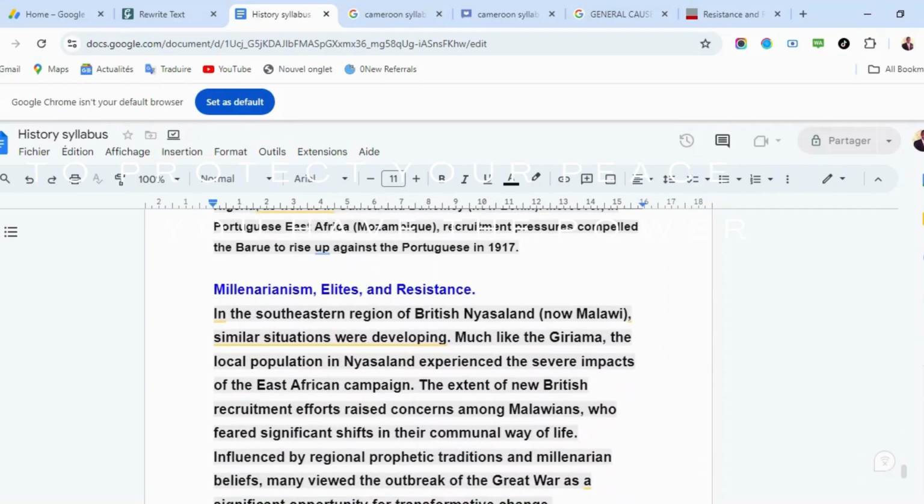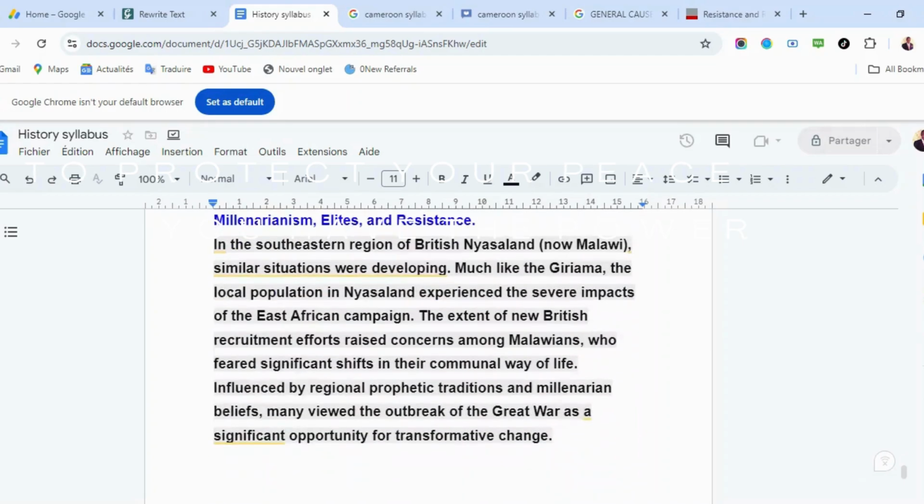The second point is militarizing elites and resistance. In the southeastern part of British Nyasaland, now Malawi, a similar situation was developing. Much like the Giriama, the local population in Nyasaland experienced the severe impacts of the East African campaign.